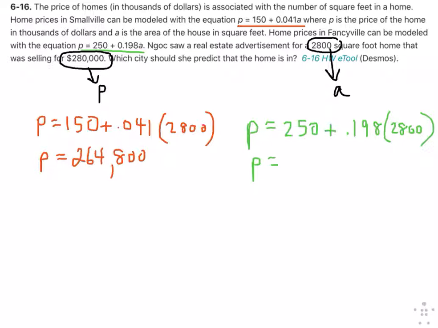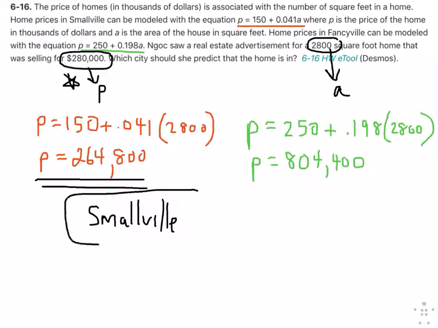We do this on our calculator, and it comes out to $804,400. So the price that they gave in the question was a $280,000 house, so we would say that most likely it was from Smallville.